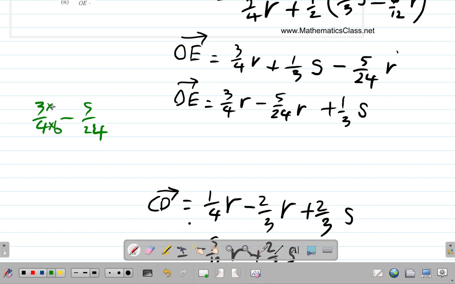You must multiply 3 by 6 as well. So we have 18/24 minus 5/24. So, what you will get now is 18 minus 5. That's 13/24.